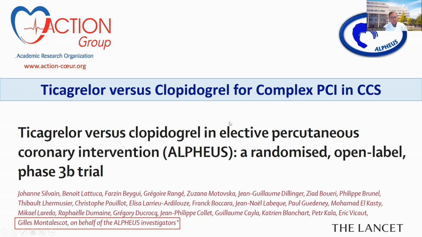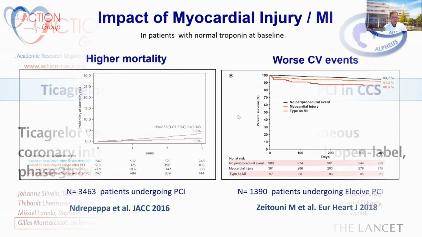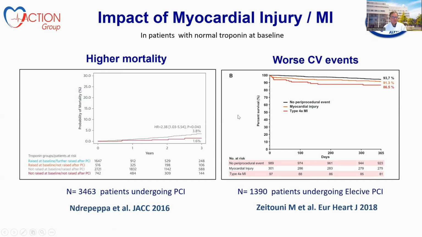Clearly, we will be discussing this topic according to the ALPHEUS trial, which was published in The Lancet. And we had a subset analysis in complex PCI cases. So the first point I would like to make is that clearly we have an impact of myocardial injury and periprocedural MI on clinical outcome.